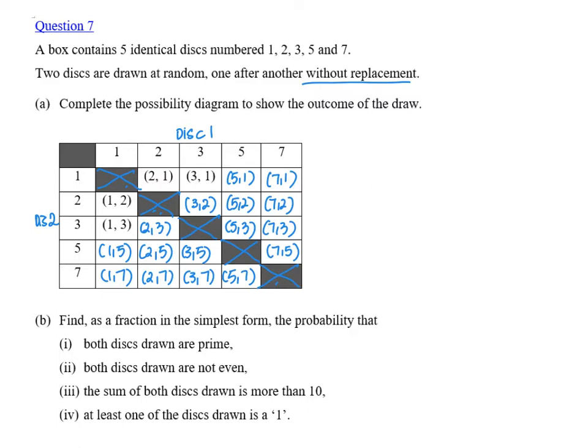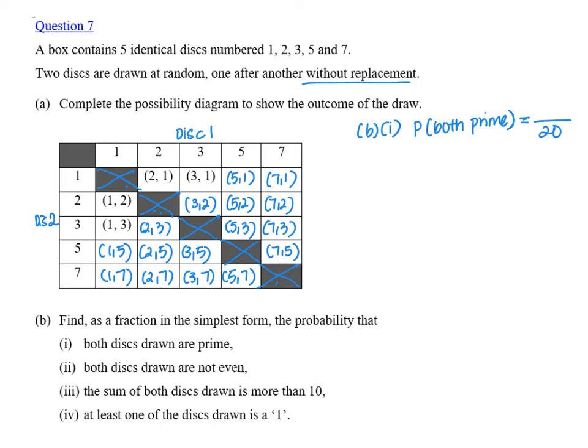Find as a fraction in the simplest form the probability that, B part 1, both these drawn are prime. So probability that both are prime, how many cases are there out of 20? Is 1 a prime number? No, 1 is not a prime number.